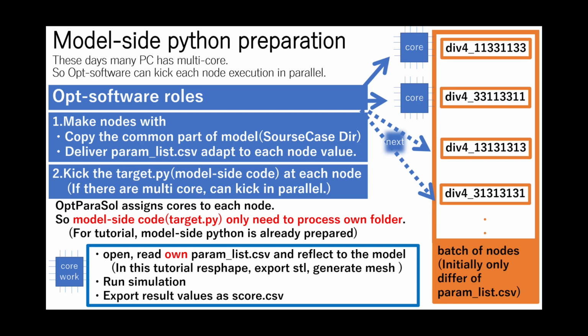Model-side Python preparation. These days, many PCs have multiple cores, so the optimization software can kick off each node's execution in parallel.